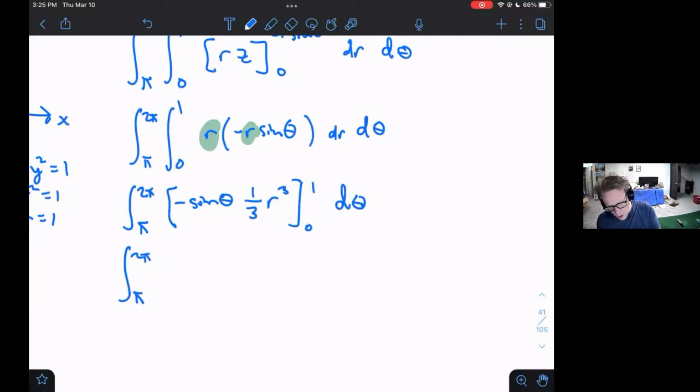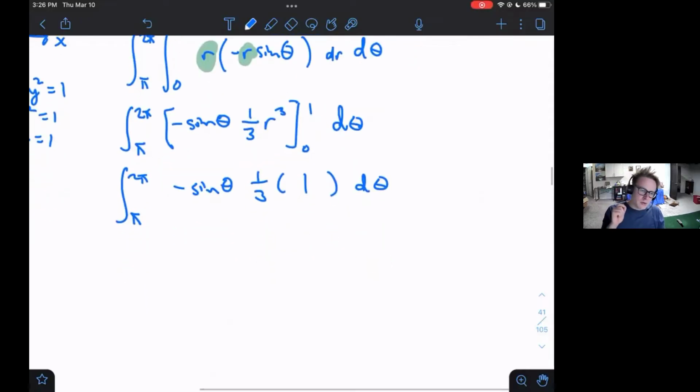And if I plug in 1, I get 1 cubed, which happens to be 1. So 1 cubed minus 0 is just going to be 1 here, so you could just drop that altogether.